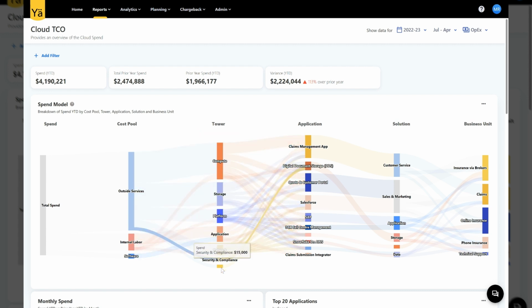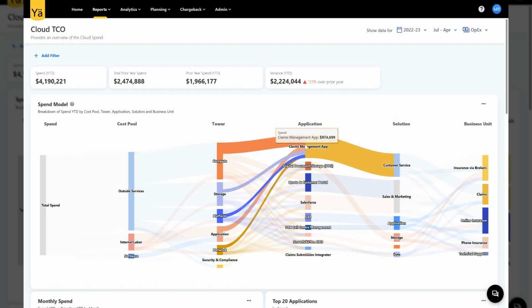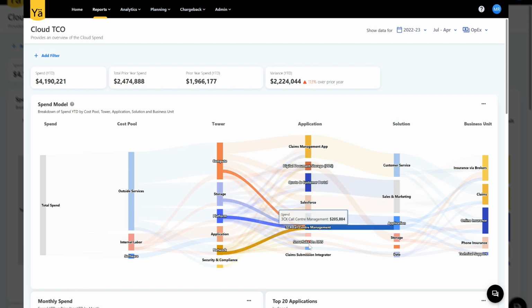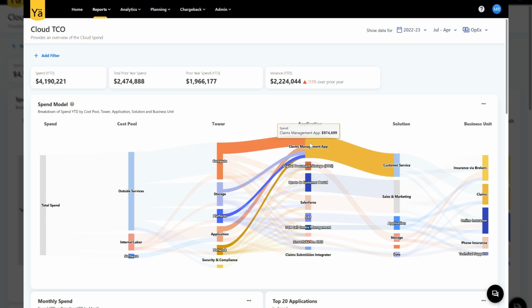Again, we understand how the cost is distributed in this space, and now it becomes interesting because with all the rules and the automation that we put in place earlier, we now can see which individual applications are actually driven out of the cloud spend. So this is not the total cost of ownership for an application.